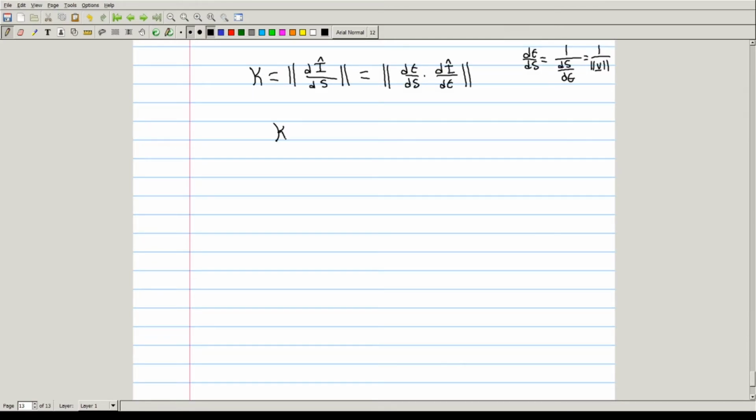So the curvature really is the same thing as the magnitude of the derivative of the unit tangent vector with respect to the parameter t divided by the magnitude of the velocity vector itself.